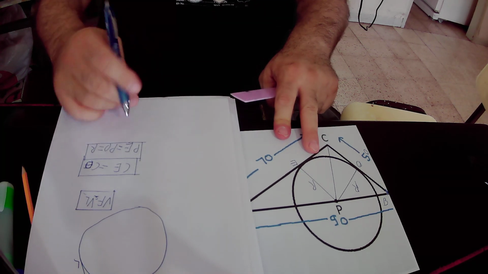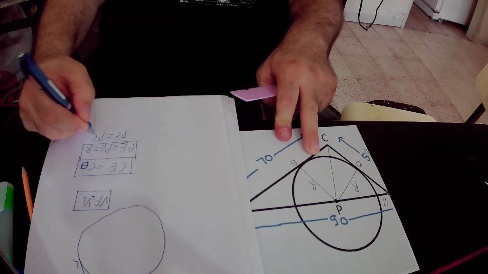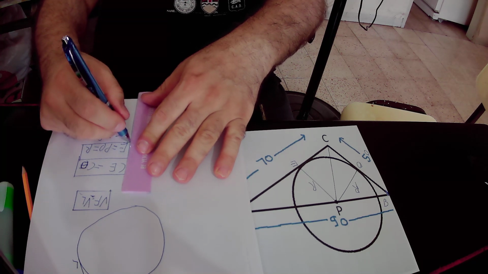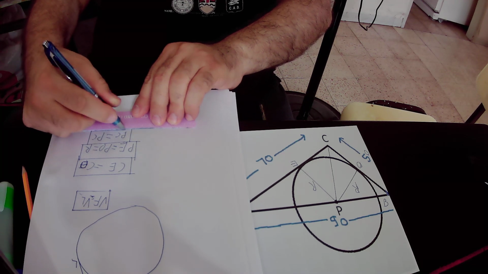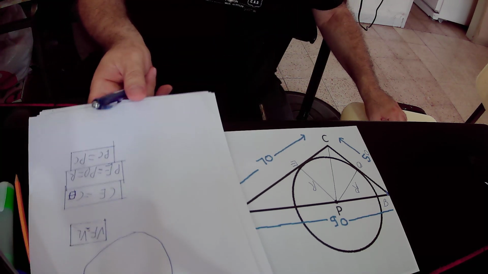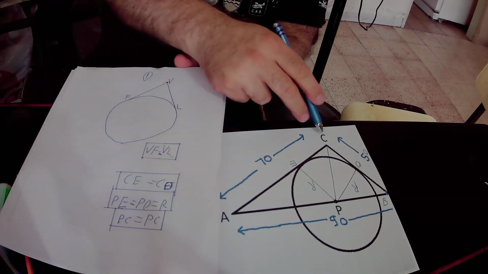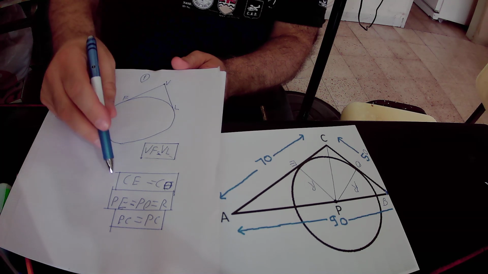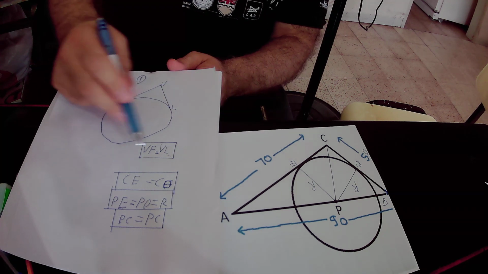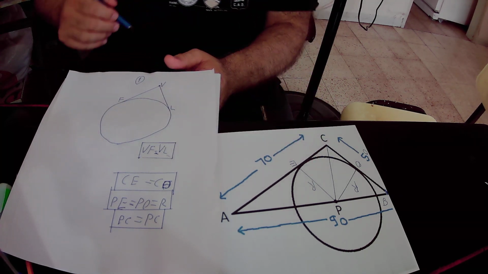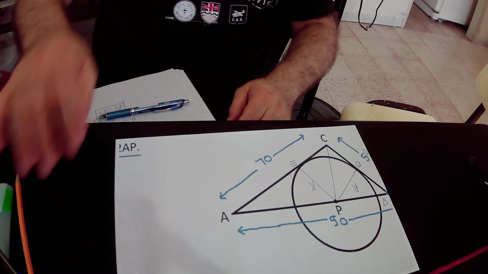PC equals PC. So CE equals CO, PE equals PO, and PC equals itself.